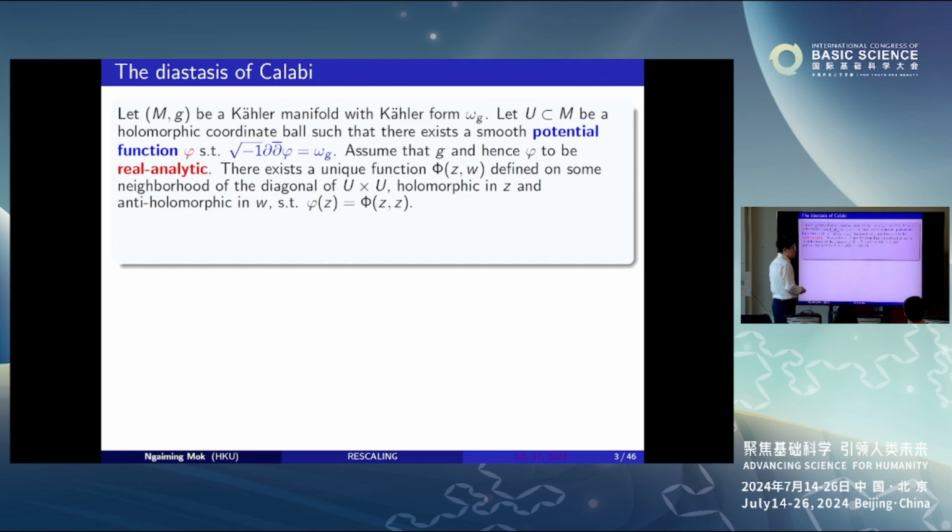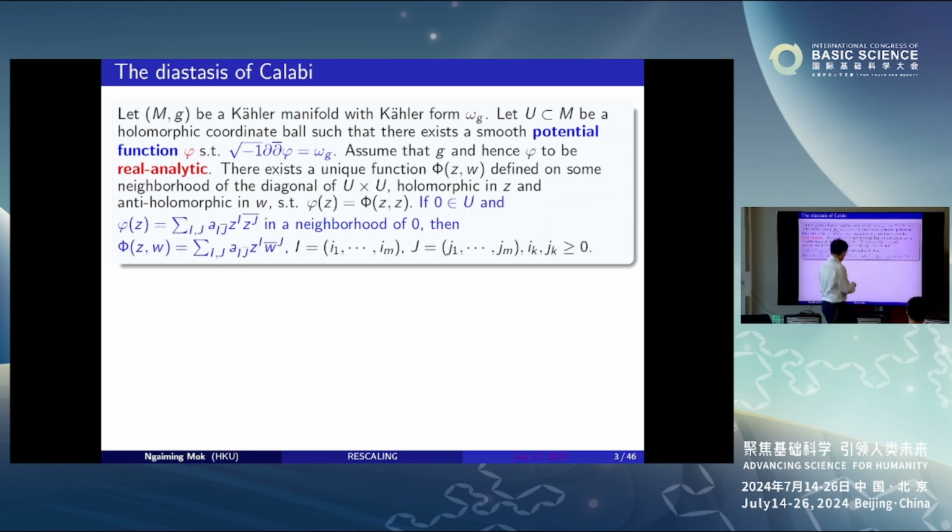Now, let's specialize in the case where the metric is a real analytic metric. In other words, you can write down the potential as a real analytic function, admitting therefore a power series expansion. So the function is written as this function phi here. This is common in complex analysis.